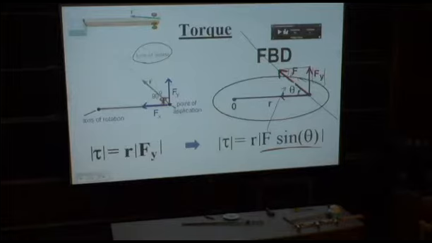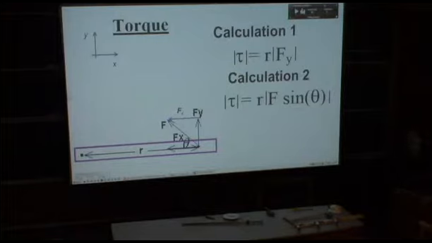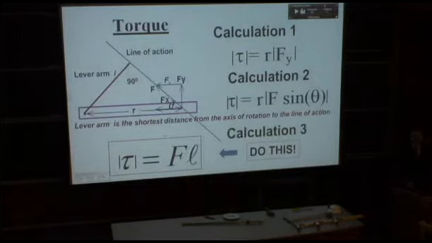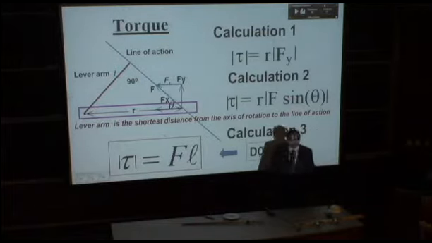So now we have two ways to calculate. Number one, using the official definition, using the component of the force which is perpendicular to this line. Number two, and number three, which you should be using in general. So now we are using a different geometry.